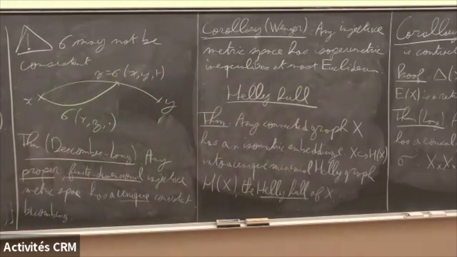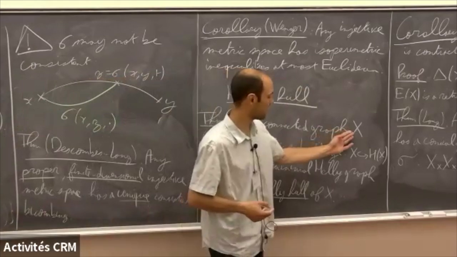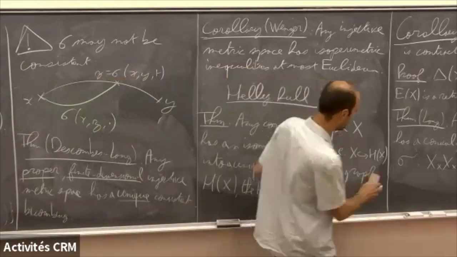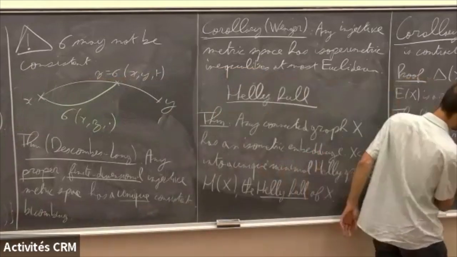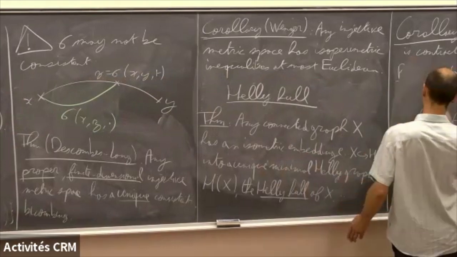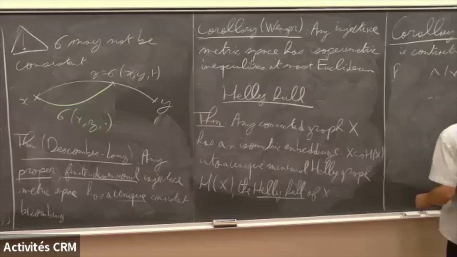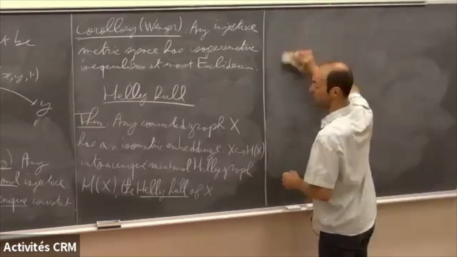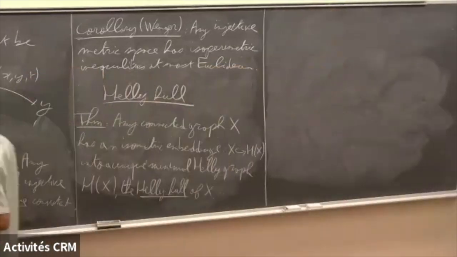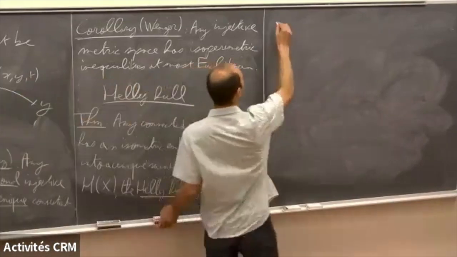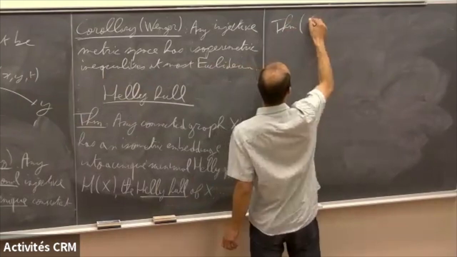So when you see this, you may wonder what the relationship is: if I take a graph and look at its Helly hull, I can also look at its vertex set and look at its injective hull. Well, the two are very closely related. It's a result by Lang.